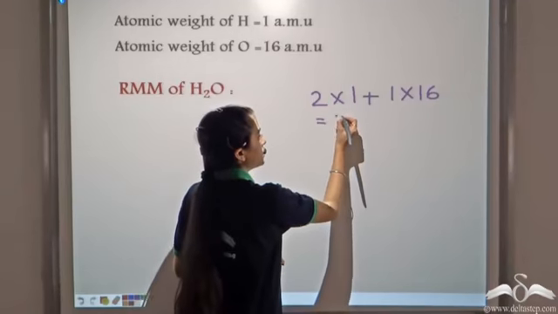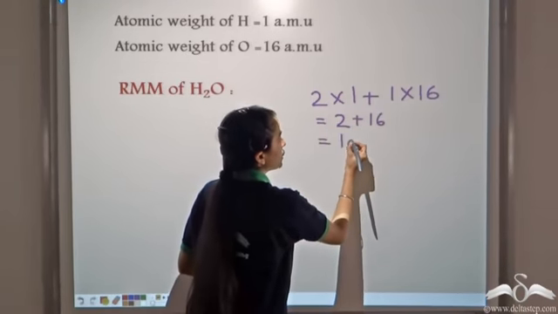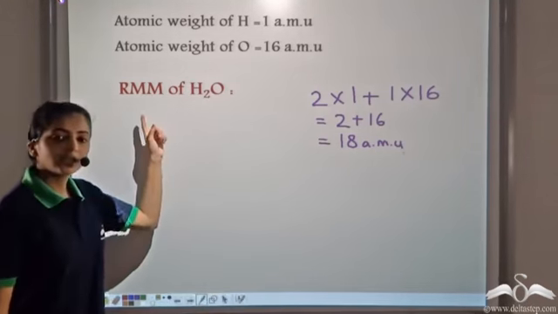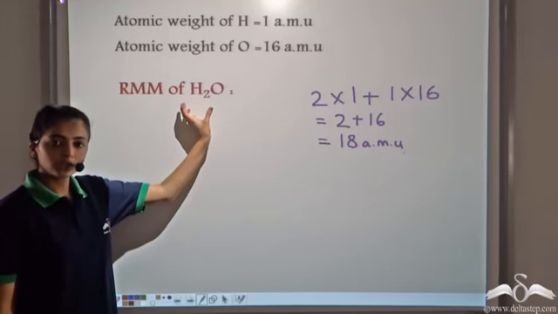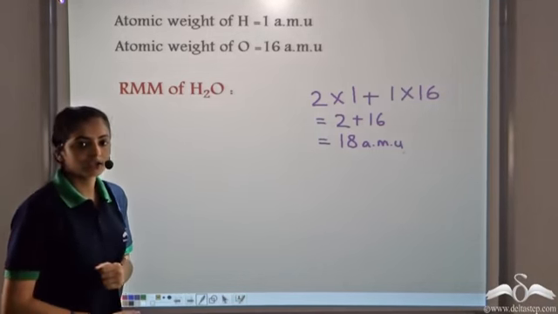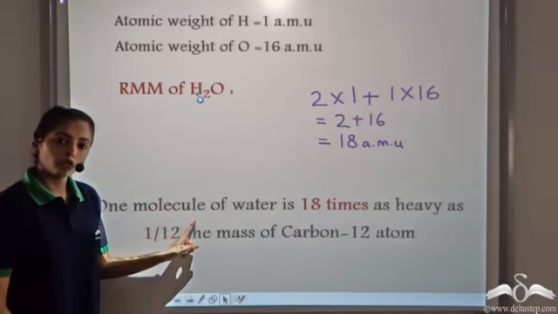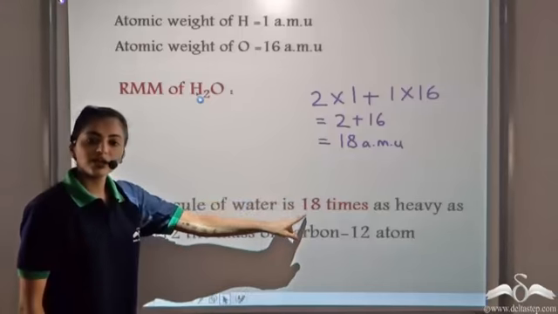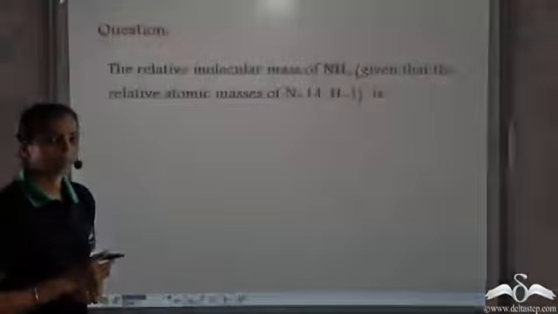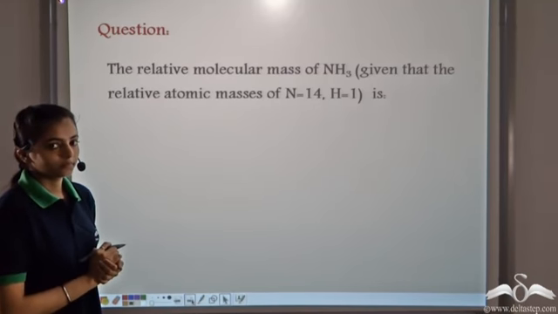So when we calculate this, we get 2 plus 16, which is 18 atomic mass unit. So the relative molecular mass of water is 18 atomic mass unit. And this shows that one molecule of water is 18 times as heavy as 1/12 the mass of one atom of carbon-12.